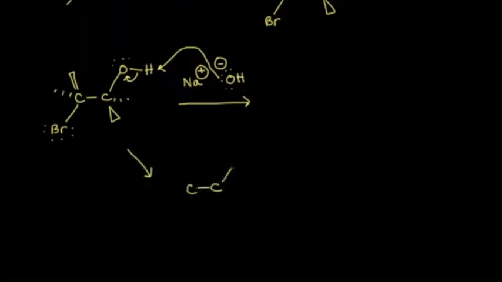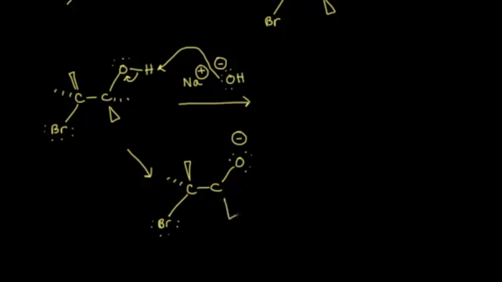Well, now we have our oxygen with 3 lone pairs of electrons around it like that, which gives the oxygen a -1 formal charge. And we still have our bromine here like that, and then we still have these other groups attached to our carbon.